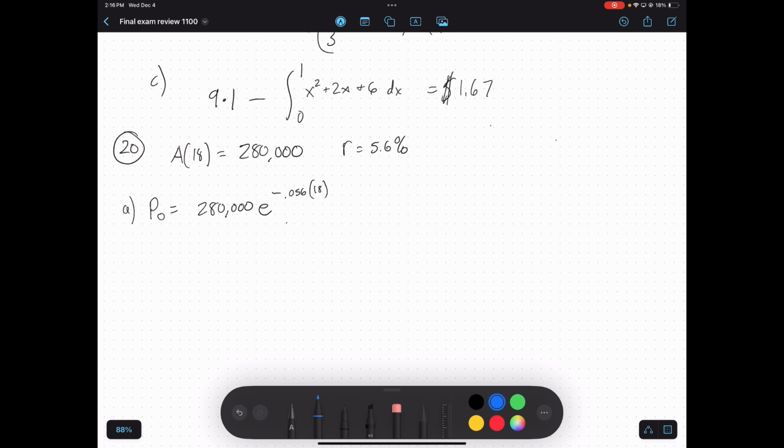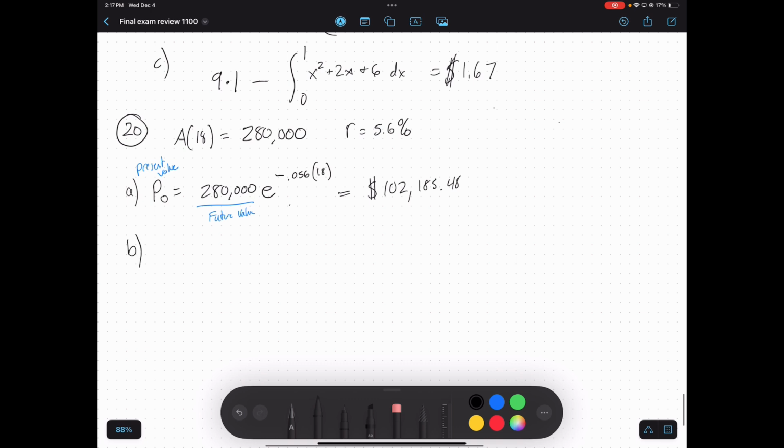Because you're equaling it to P naught. Right, because this is my future value, and I'm solving for present value. Because I'm working backwards, that's why I need a negative in my exponent. Very nice. In case you guys are curious, this gives you about $102,185.48.